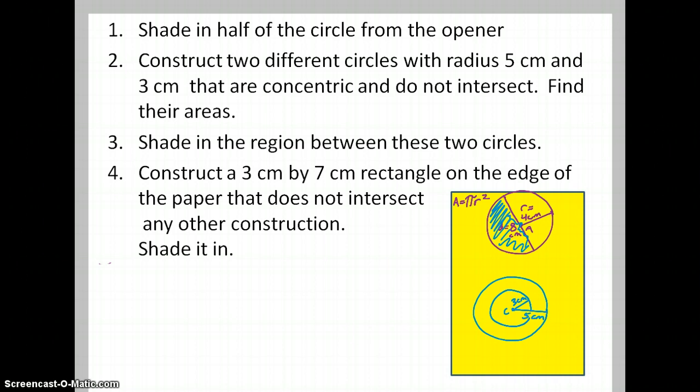Concentric means they have the same center point. In this case, that center is C. Shade in the region between the 2 circles. So that's all of this.